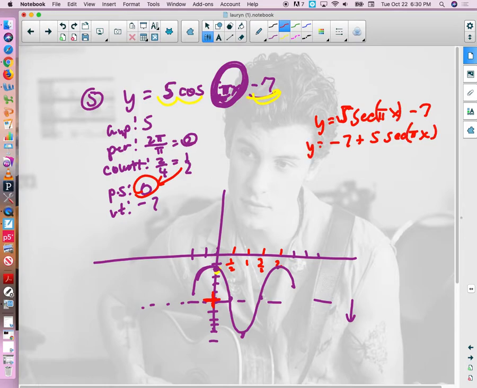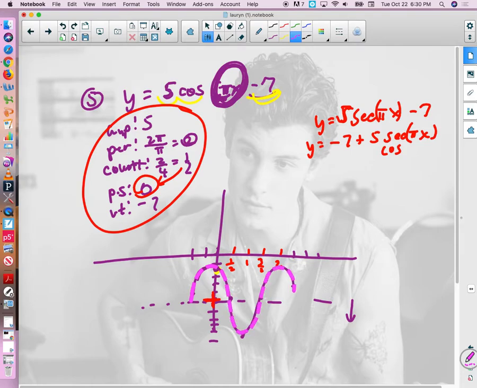Whenever I tell you to graph secant or cosecant, just graph its reciprocal first, dotted in like this. So let's graph cosine, which we already figured out over here, and I would dot it in like this. The reason it's dotted is nobody asked me to graph cosine, so it's sort of like an asymptote, but it's not a line.